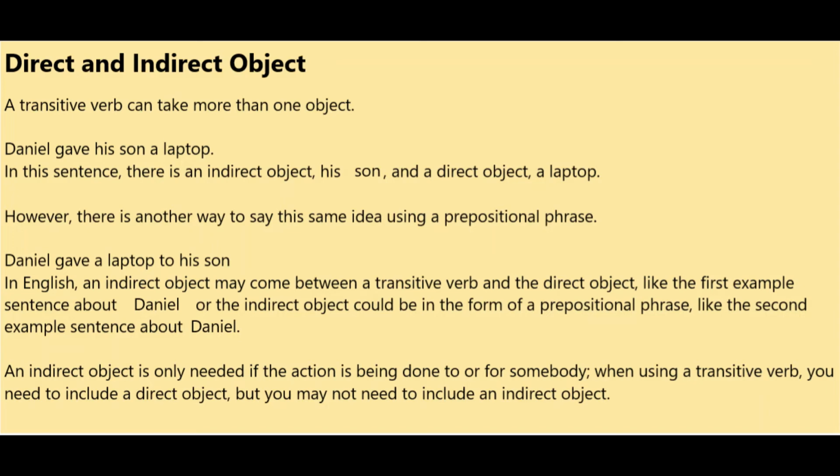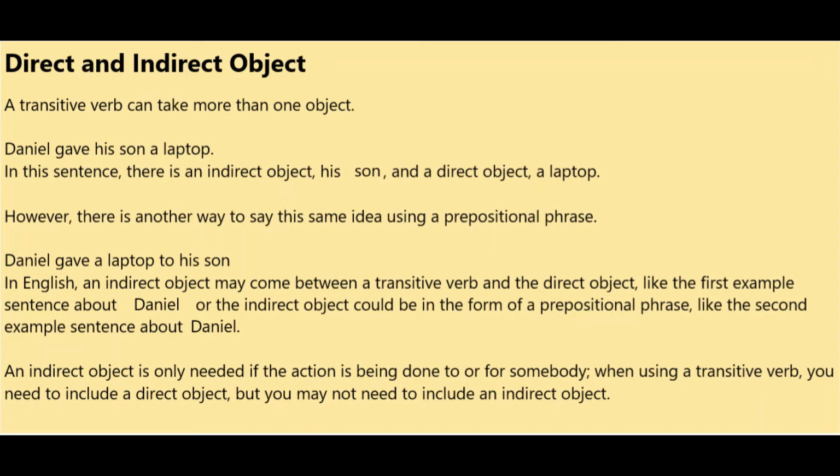Okay, so you can just say the sentence or change it. For example, Daniel gave a laptop to his son. Okay, so an indirect object is only needed if the action is being done to or for somebody. In that case only.